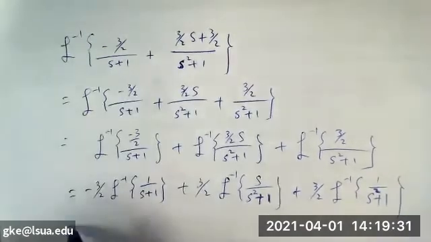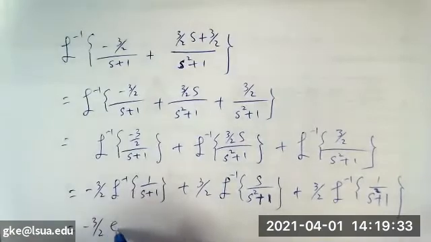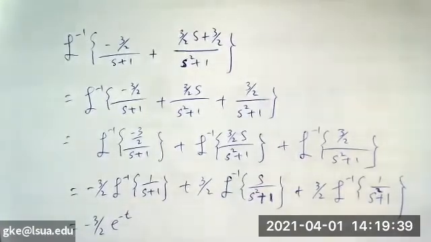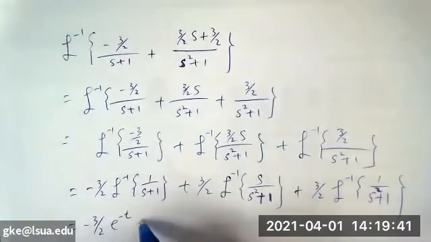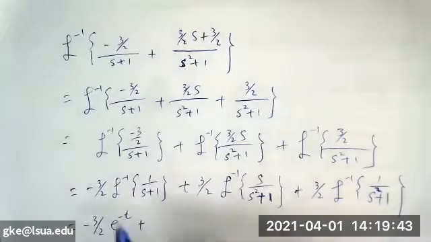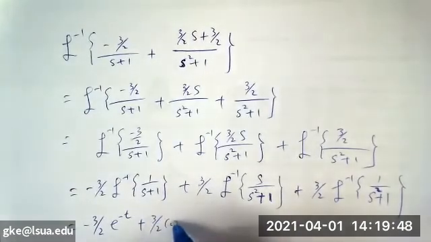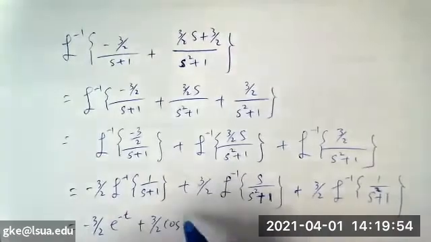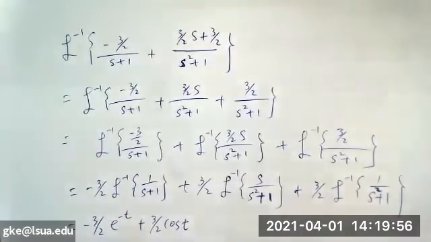Okay. And for the first term, following the formula, that is e to the power negative t. For the second term, that is 3 over 2 cosine t.